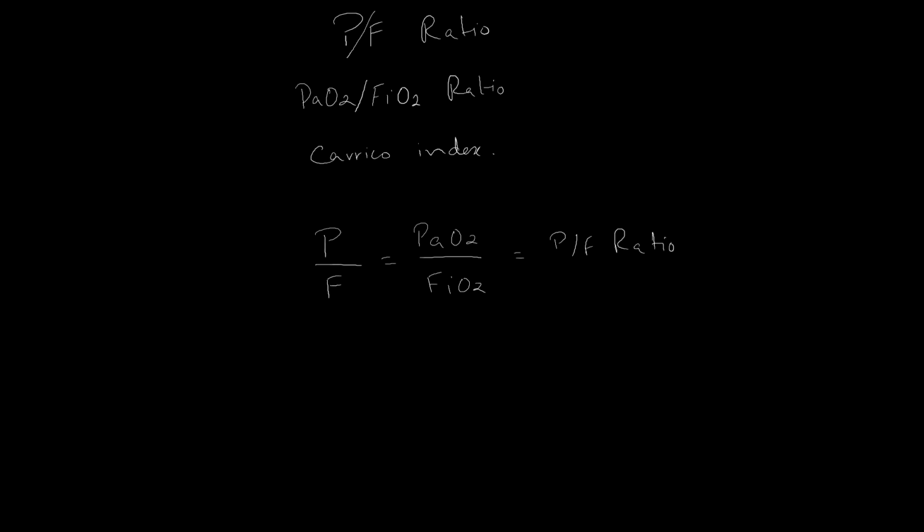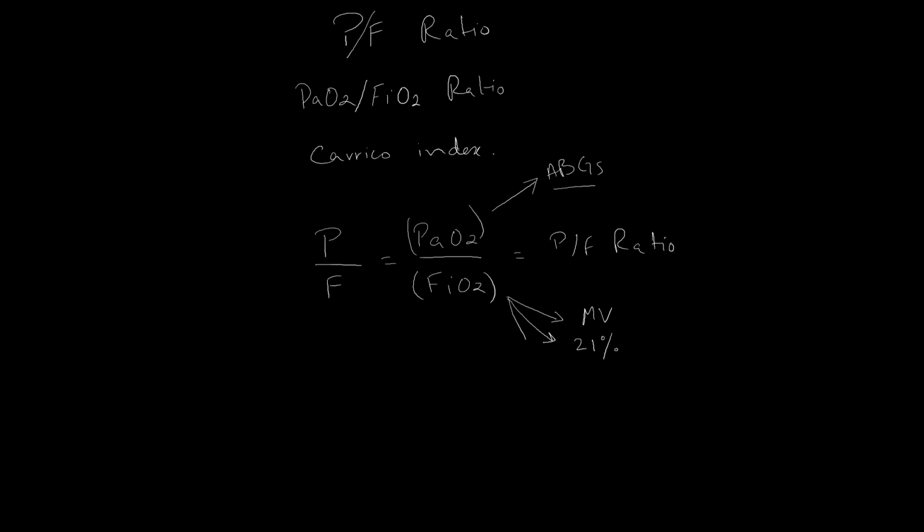So where do we get the PaO2 from? This comes from the ABGs of your patient. So the ABGs will tell you what the PaO2 of that patient is, whereas the FiO2, this value is going to come from, if the patient is ventilated, it's going to come from mechanical ventilation. If the patient is on room air, he's going to be on 21% oxygen anyway, and you'll know that.